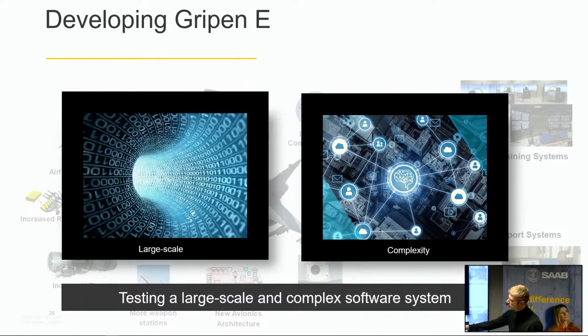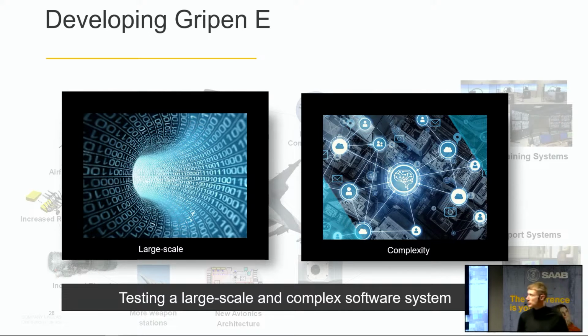So of course we do a lot of other types of testing of the hardware, aerodynamics, everything. But to a large extent, if you look at the challenge when it comes to testing of the Gripen fighter, it's very much how you test a large-scale and complex software system.